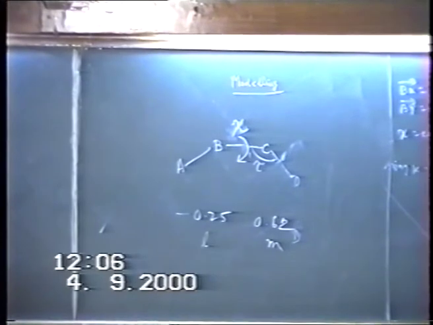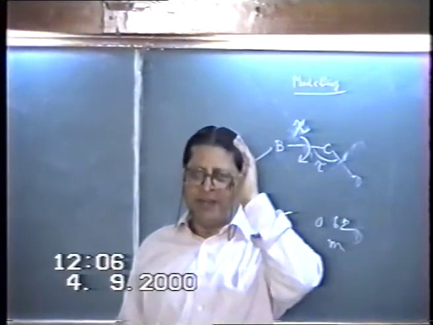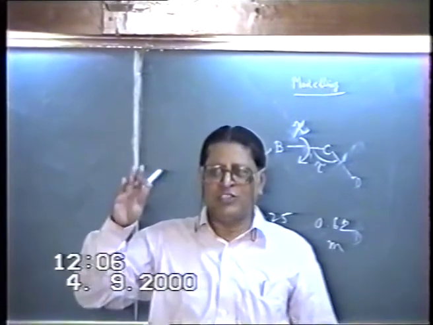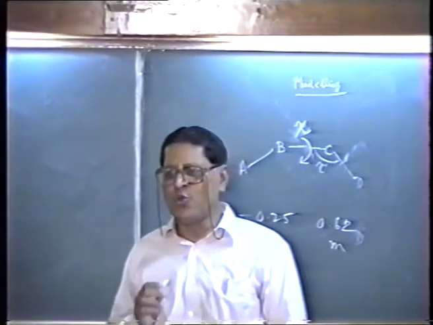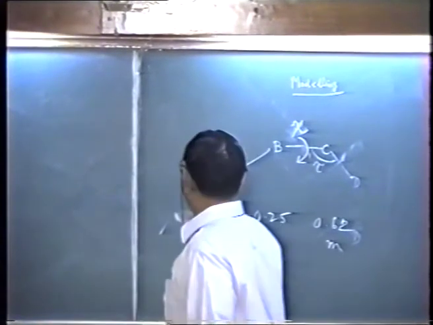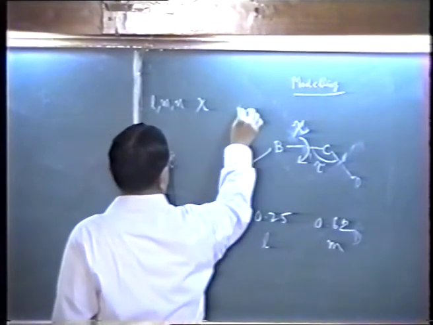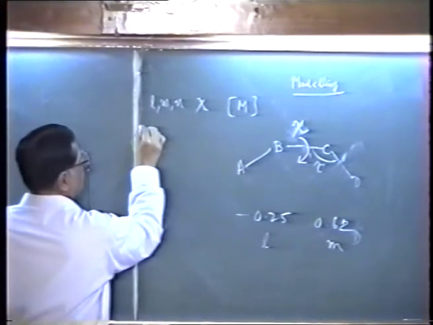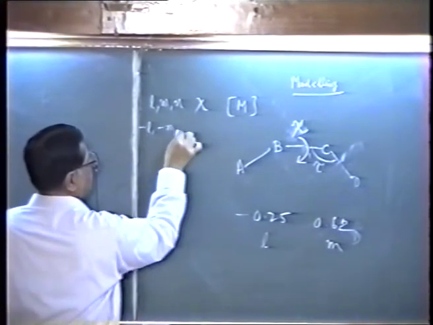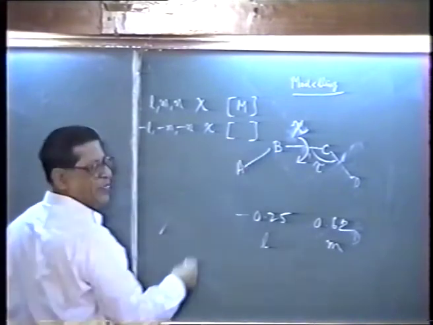Second, branch off into two things. First, those who want to do it by symbols, others who want to do it by numbers. I want you to do this: when you have L, M, N and a chi, you form the matrix M. And do the same thing with minus L, minus M, minus N and chi, and get a matrix.